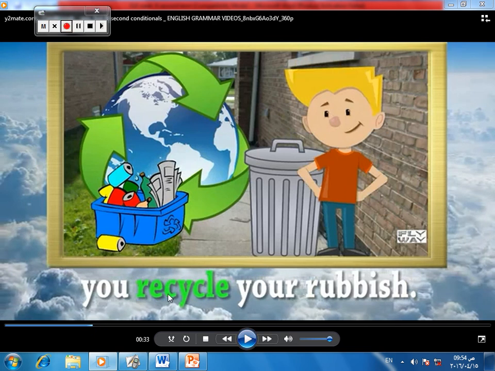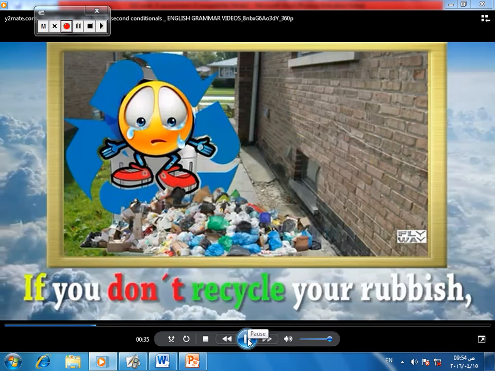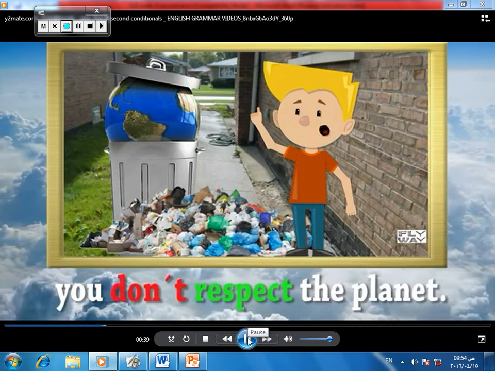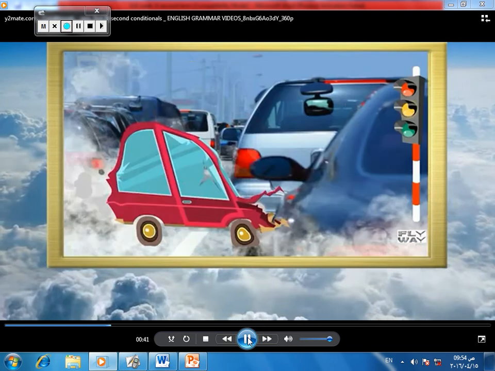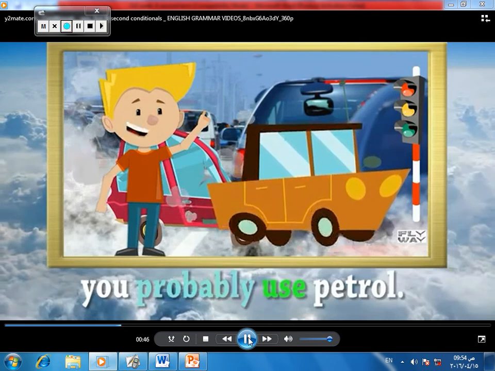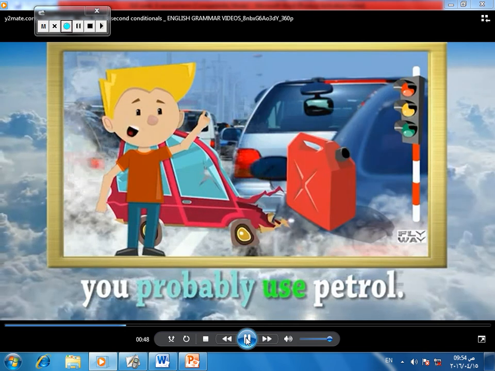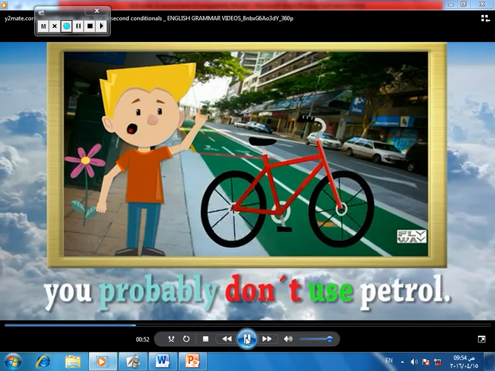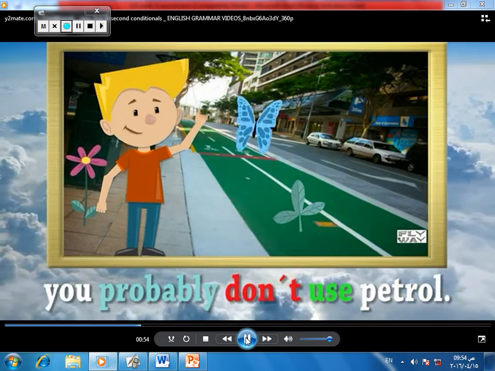This is present simple also, and this is a fact also, or general truth. If you don't recycle your rubbish, you don't respect the planet. If you drive a car, you probably use petrol. If you don't drive a car, you probably don't use petrol.